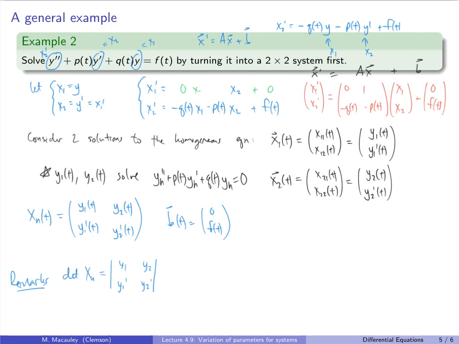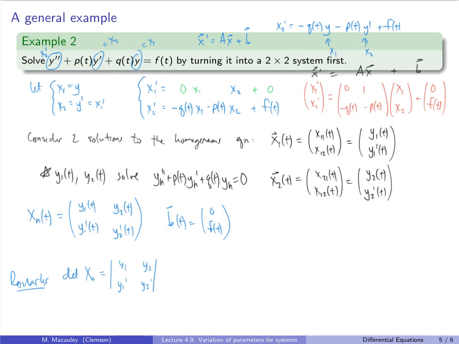I came up with this matrix, and I said, yeah, the y1 and y2 are a fundamental set of solutions if the determinant is non-zero. Well, now we've seen a more general form of the Wronskian on the previous slides, but in the special case where our system here comes from a second order ODE, our Wronskian is how we originally saw it, where we have our solutions here and their derivatives right there.